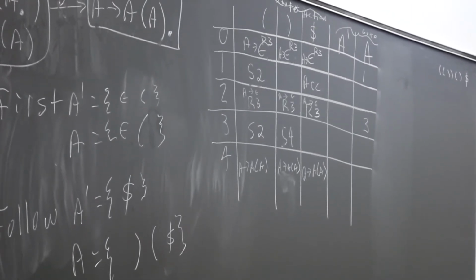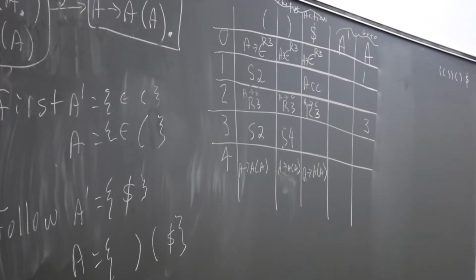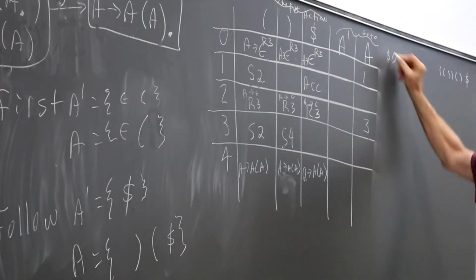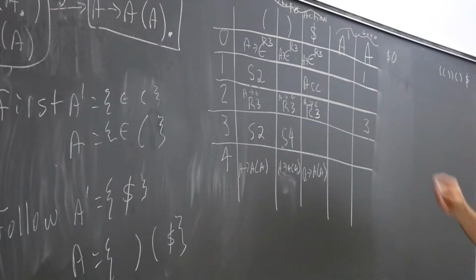It might not be, but our parser will tell us. Fairly easy to claim that. All right, and so we have $0. So this is my stack. My stack lays down, and this is my current token.